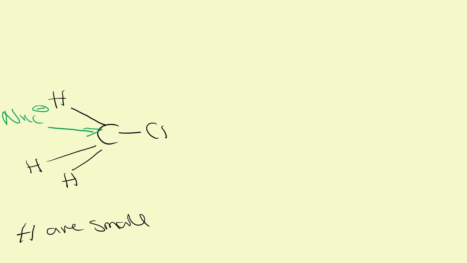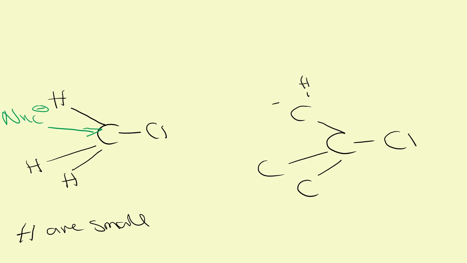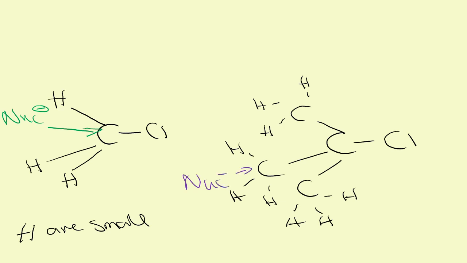Whereas if we had, for example, CH3 groups, we've got H, H, H, H, H, and then H, H, H. Our nucleophile here is going to find it really difficult to get towards that. So the nucleophile ends up being blocked.